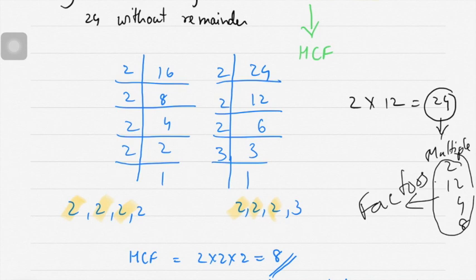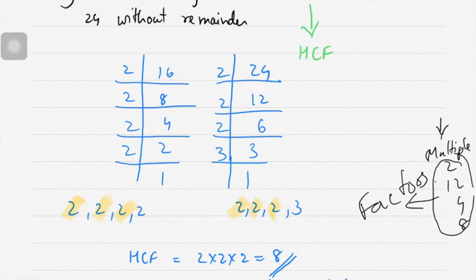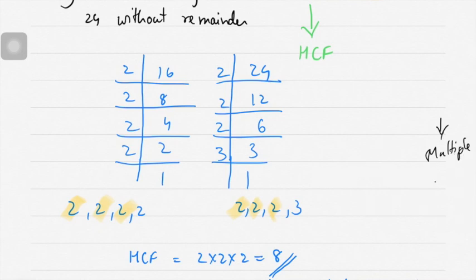It is a multiple of 12. Correct? And these are the factors of 24. I believe you have understood the difference between factors and multiple.